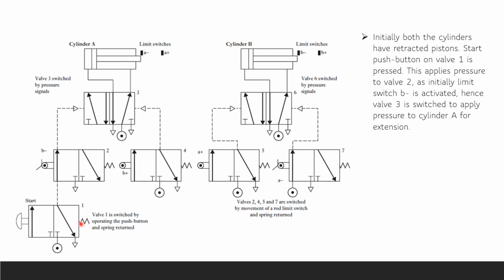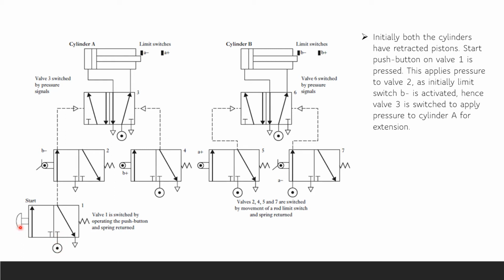There are 7 valves used in this system to obtain the required sequence. The valve number 1 is a 3x2 valve which is push button operated and spring returned. It has two positions, and in the first position the fluid flow from the pressure source is cut off.